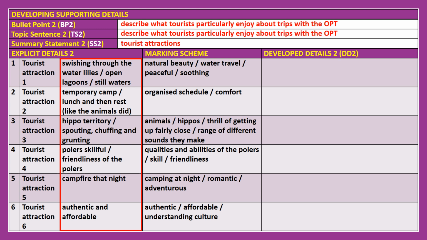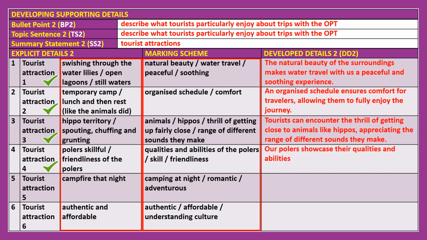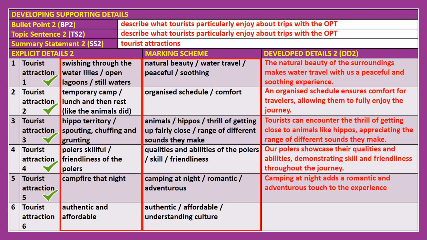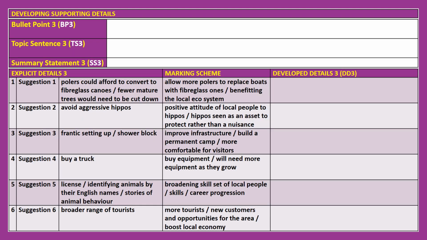Use clues from the explicit details and the marking scheme provided to develop details to be included in your body paragraph 2. As the second bullet point demands, describe tourist attractions: attraction 1, attraction 2, attraction 3, attraction 4, attraction 5, and attraction 6.